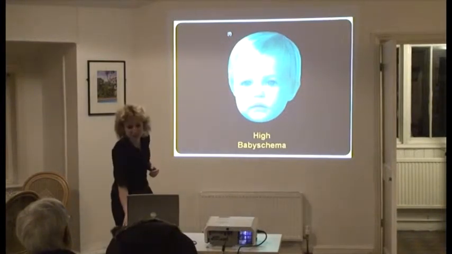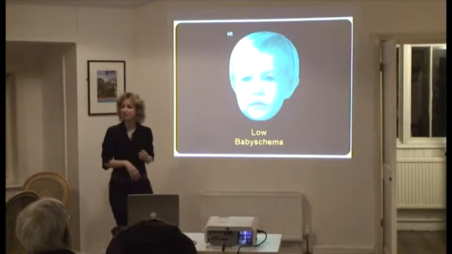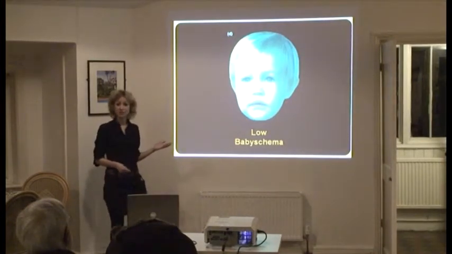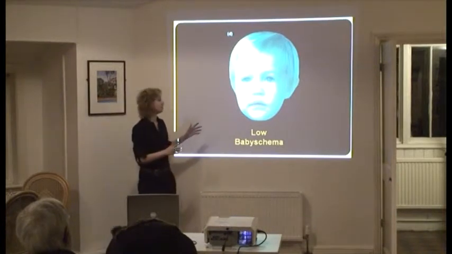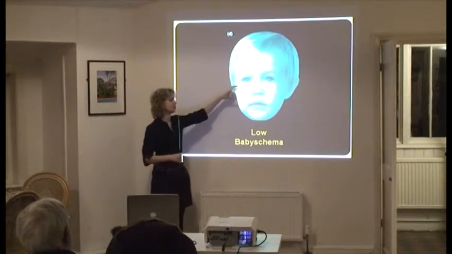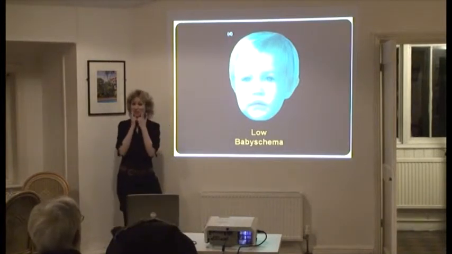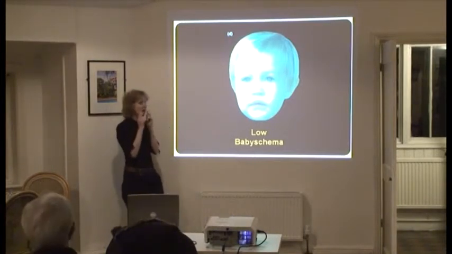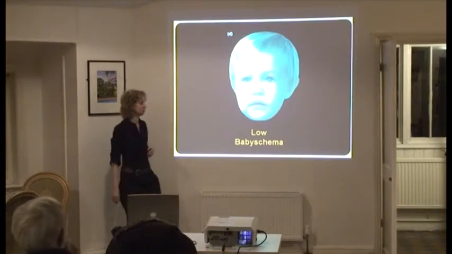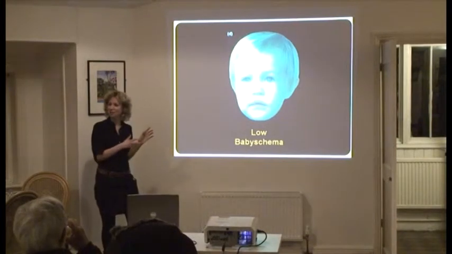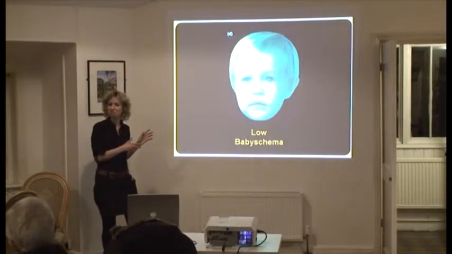Whereas in contrast, an infant that could be said to have a lower level of baby schema might look something like this. And you can probably quite easily see the difference, which is mainly that the facial features are more spread out on the face. It perhaps doesn't have cheeks that are particularly chubby, and its eyes look proportionately smaller. And one thing that stands out perhaps is that this infant looks a little bit older than the other infant. Do you think?